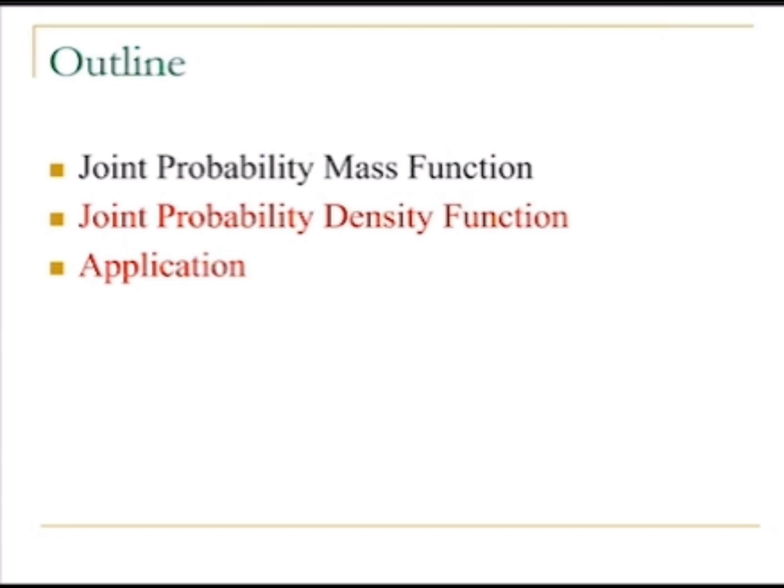I'm also going to walk you through a situation where we have more than one variable and each of these variables is continuous. Can we have a probabilistic representation of variables that are continuous? That is going to be called the joint probability density function.